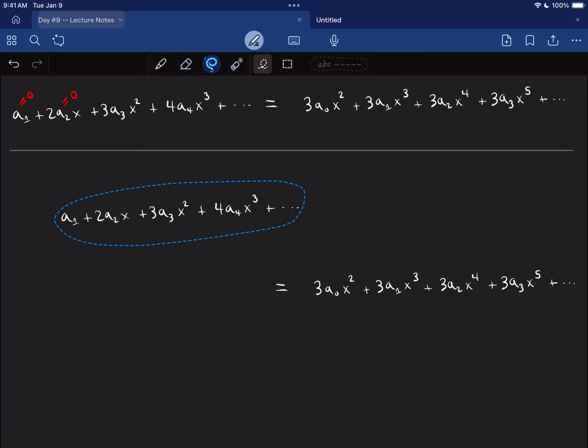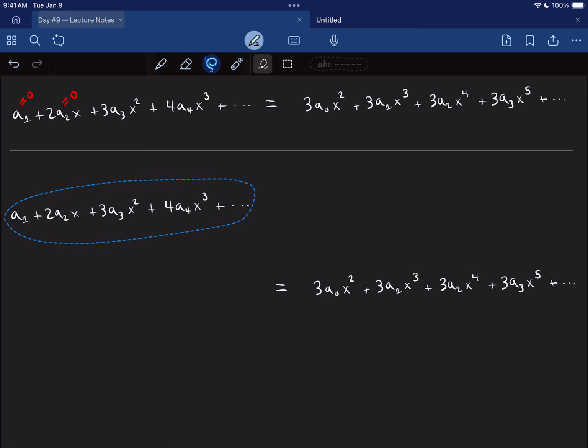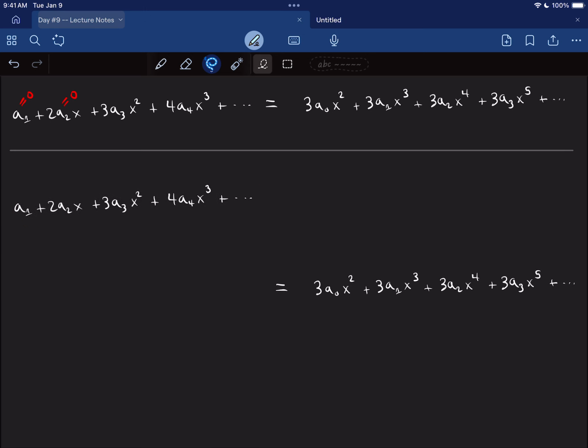In fact, I'm going to do a handful of stuff here. This left side is what I'm moving around. We already know that a1 and a2 are 0, so these terms are just gone. I'm just going to erase them. So now I have this right here, but I'm actually going to write out more terms of this. I'm going to follow the pattern quite a bit more.